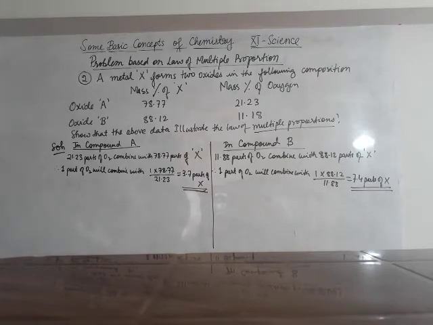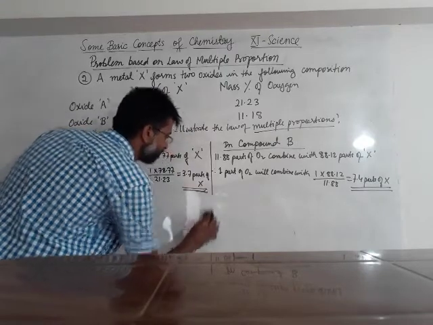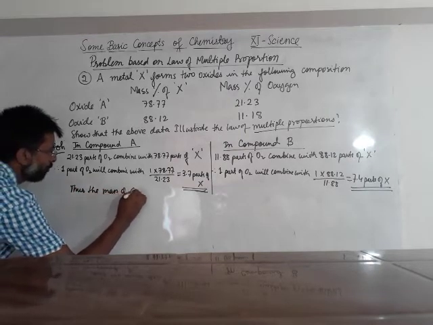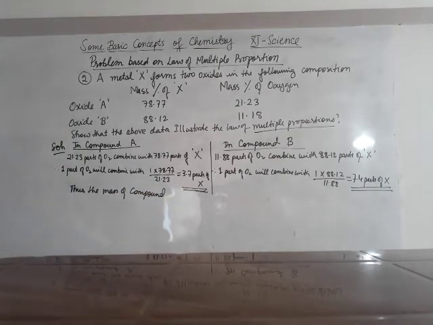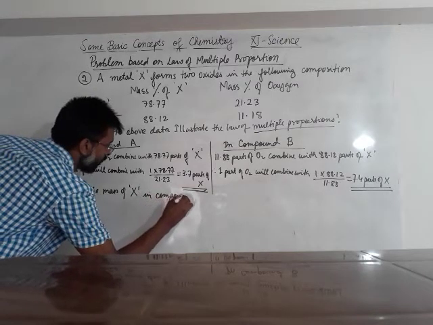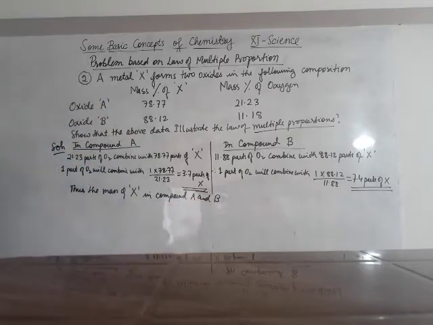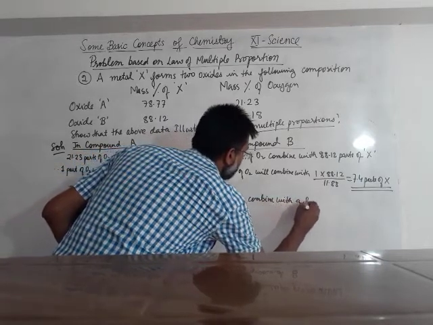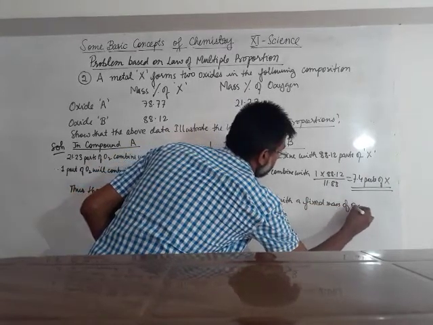So now we can write one final statement over here. Thus the mass of X in compound A and B which combine with a fixed mass of oxygen.